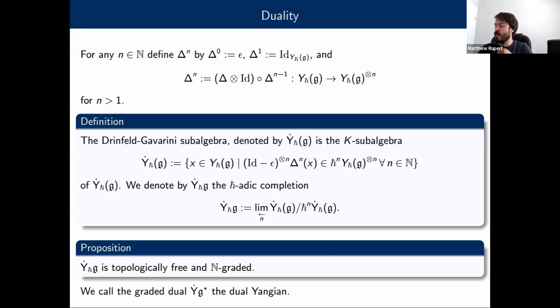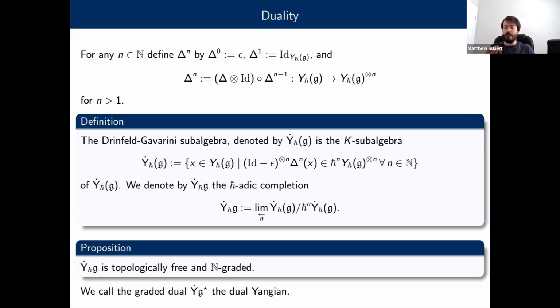Now, the reason we want to think about this space in particular is because there's a lot of literature on quantum vertex algebras where people are constructing quantum vertex algebras on the dual Yangian, or the vacuum module of the Yangian double.